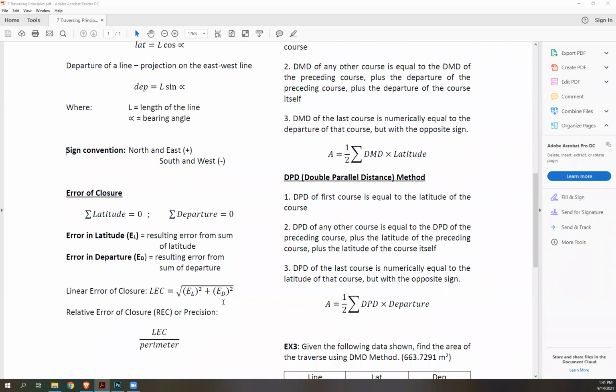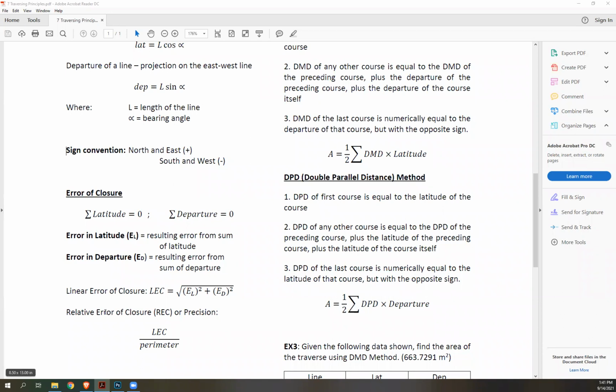For example, if you remember from your previous physics, or if you've had mechanics, if we have a lot of vectors, a lot of lines, and then you're going to take the summation of all of the X components and get all the summation of all the Y components. Resultant is just square root of the X component squared plus Y component squared. So it's the same principle here, right? Instead of components, these are errors in latitude and departure.